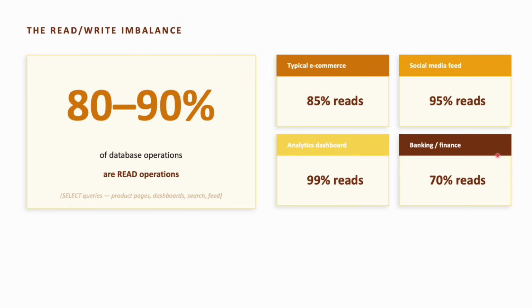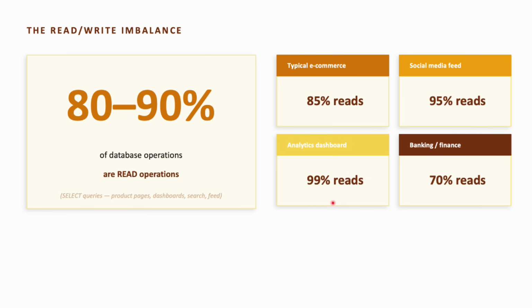When they check their balances using a mobile banking application, again that is a read operation. Writes only happen when they post something, add to cart, or make a purchase. The typical ratio is 80 to 90% reads and 10 to 20% writes, and for analytics-heavy applications, it's closer to 99%.